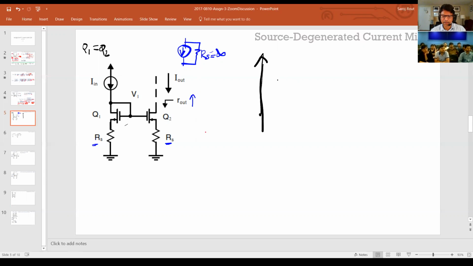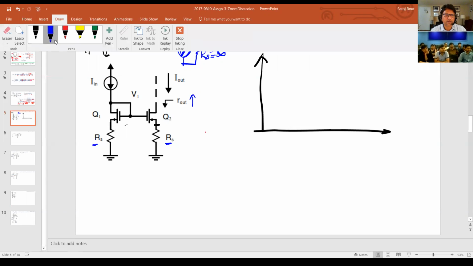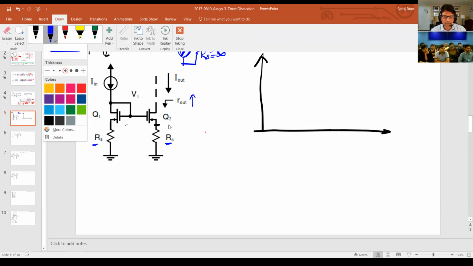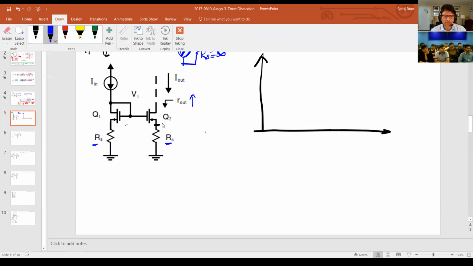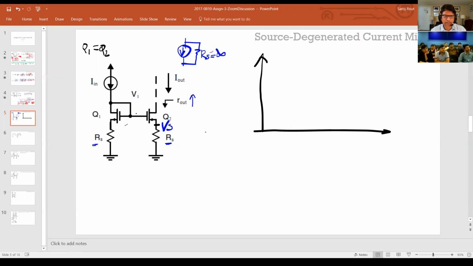So let's say this is, I'm going to call this node VS, and like in this problem, the gate voltage is V1, right? So let's say this is Vs and this is current, and for now I'm going to just say I out.